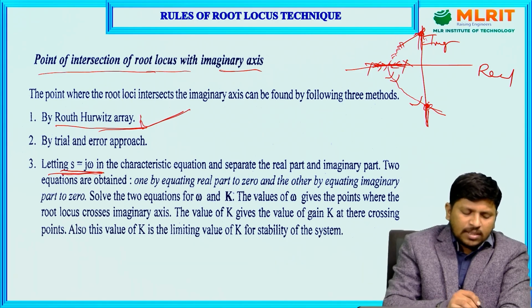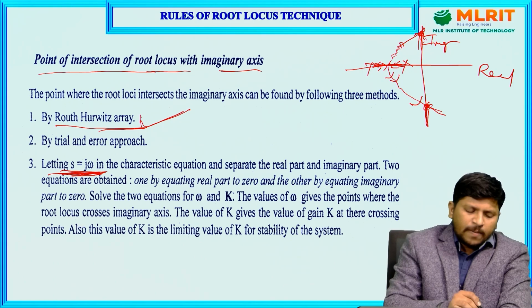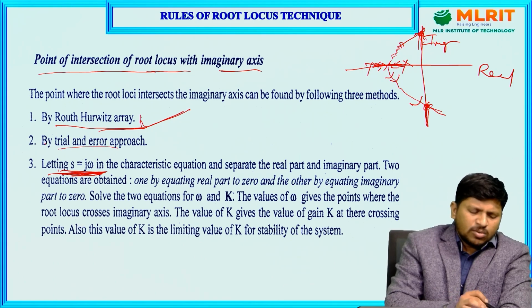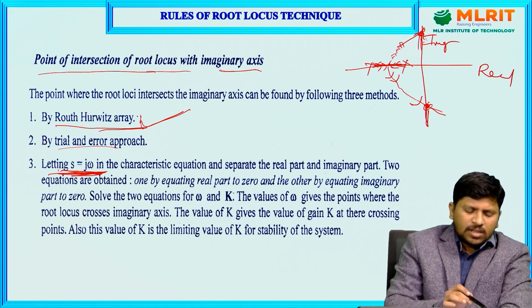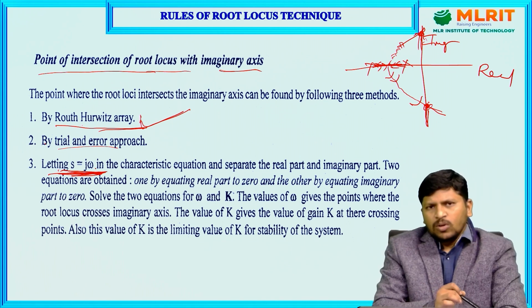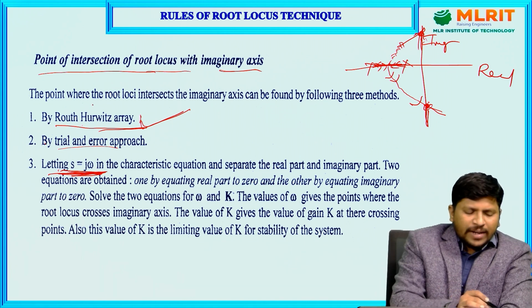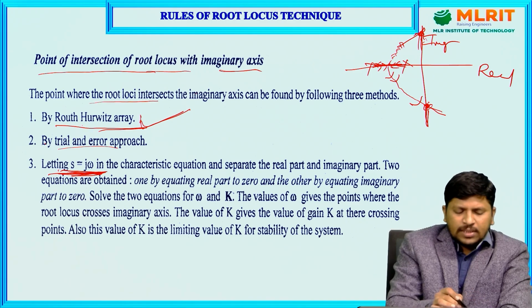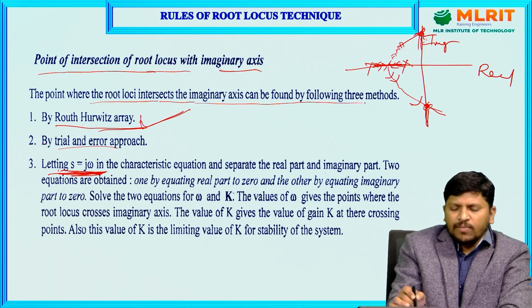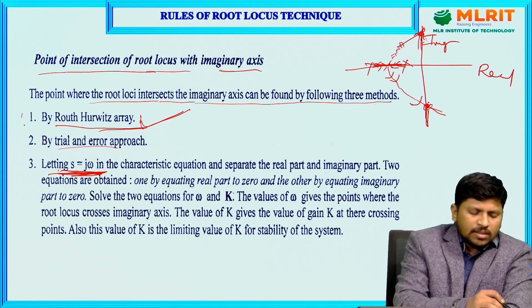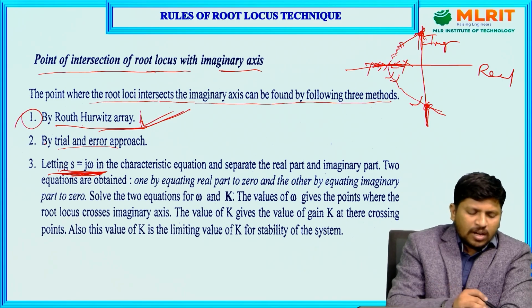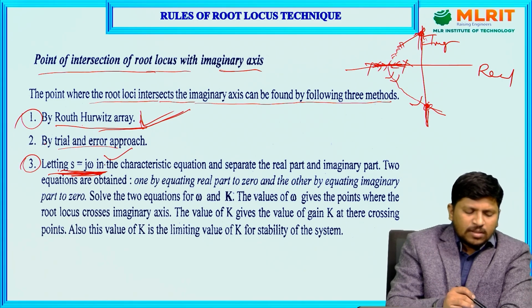Substituting s equals j omega takes more calculation and more time, and the trial and error approach is not needed. These first two, the Routh-Hurwitz array and s equals j omega substitution, are very important. The point where the root loci intersect the imaginary axis can be found by the following three methods. These two are easy.